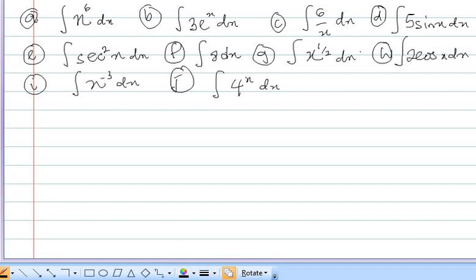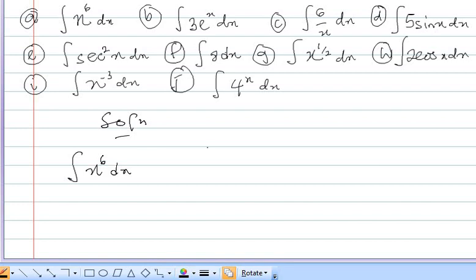So here are certain questions. We're going to start from A to J. Taking number A, the solution: we have the integral of x raised to the power of 6 dx.